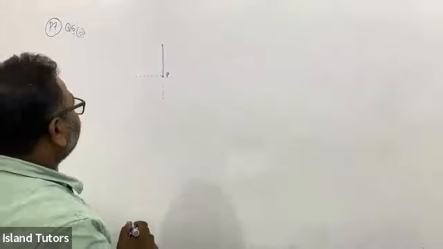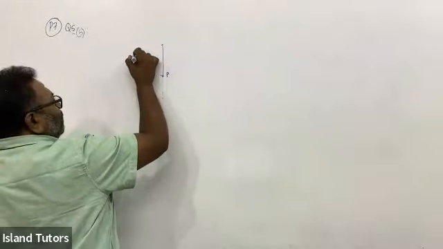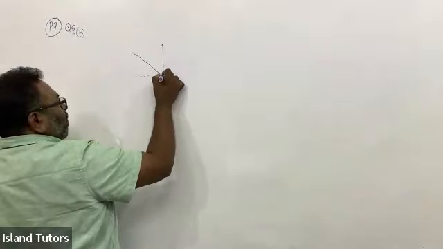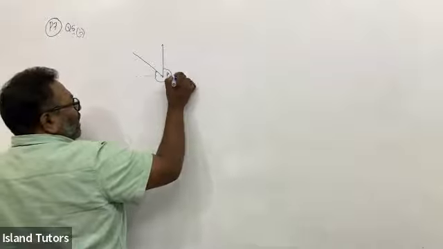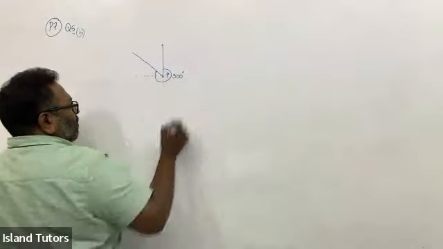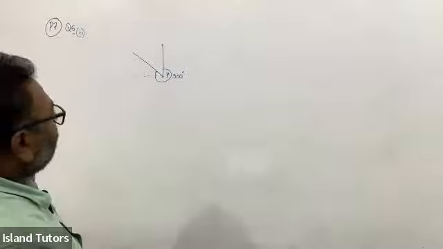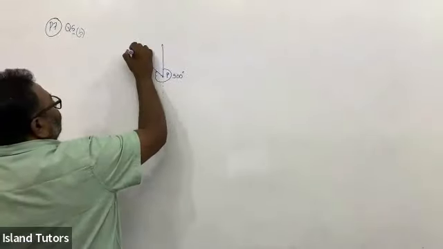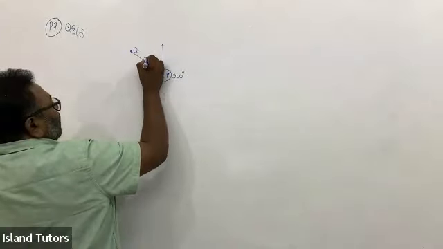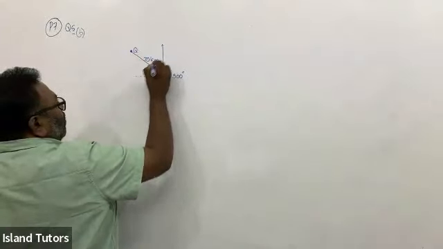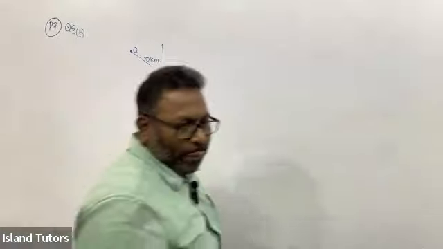So, rough scale, somewhere here, on a bearing of 300 degrees, it is traveling to Q, which is here, and the distance is 70 kilometers. Understood?